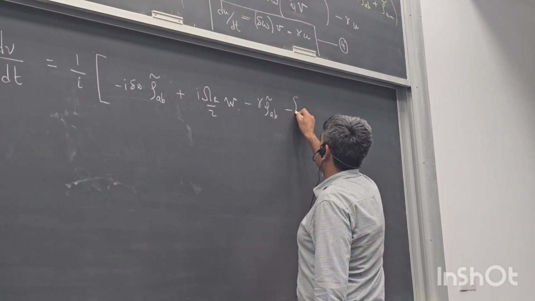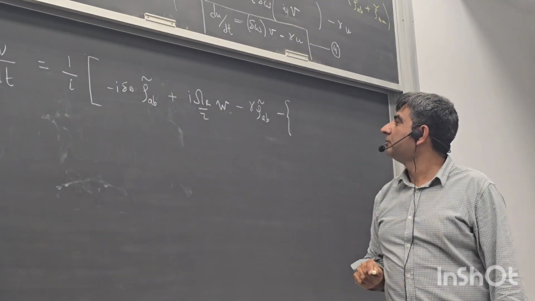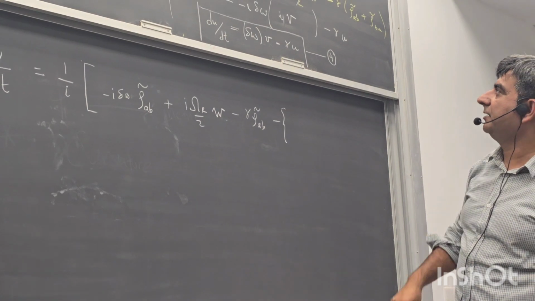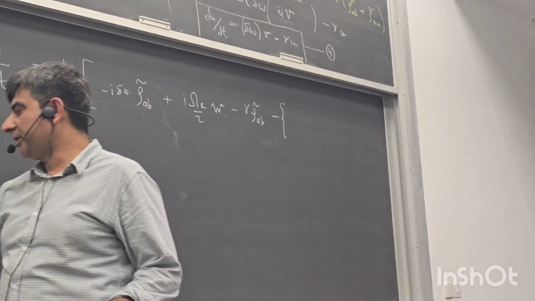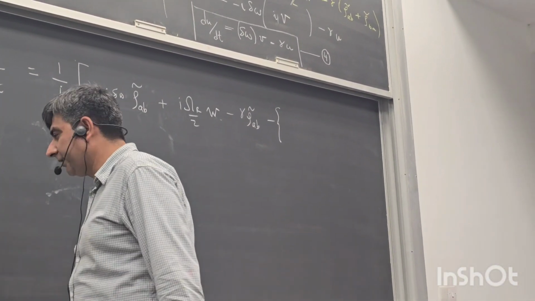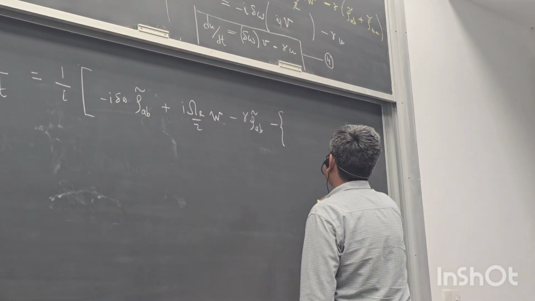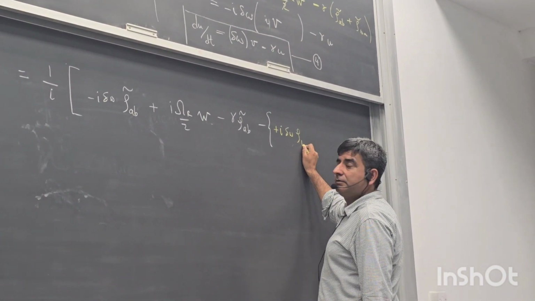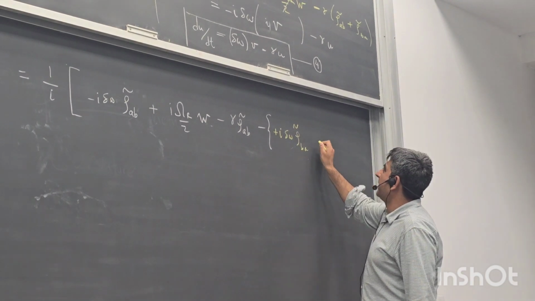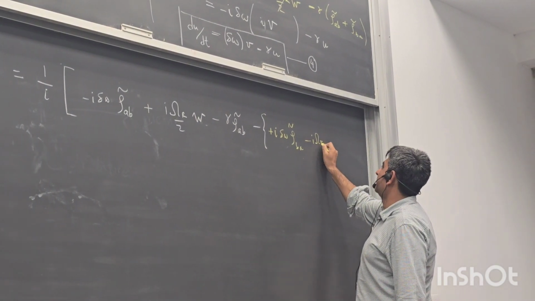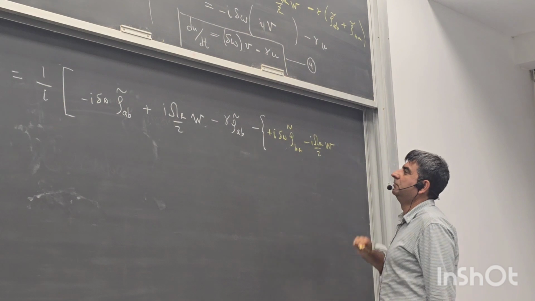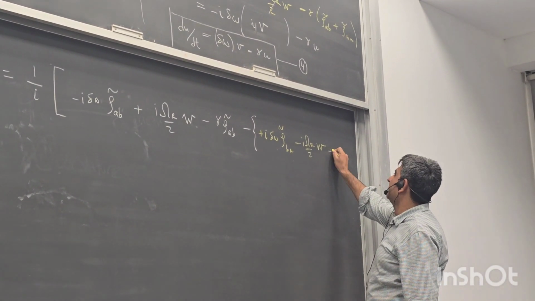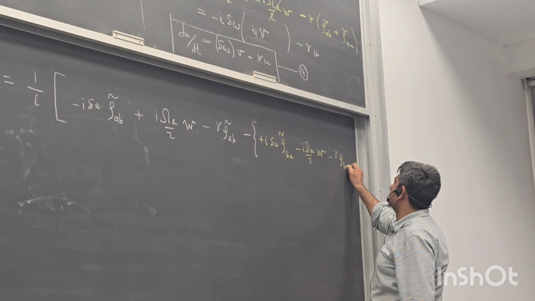And from this I need to subtract. What do I need to subtract? I need to subtract rho BA, which is the conjugate of all of this, right? That conjugate is plus I delta omega rho BA minus I omega R over 2 W. Now don't confuse this W with an omega. Minus gamma rho BA.